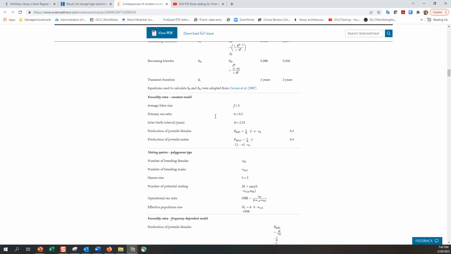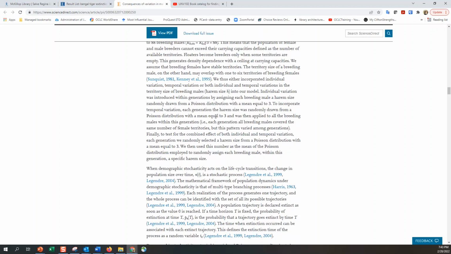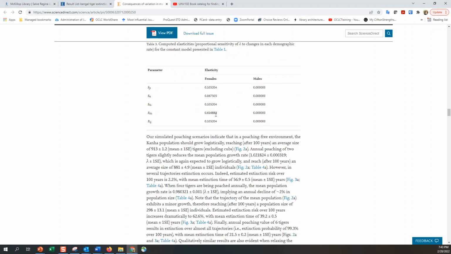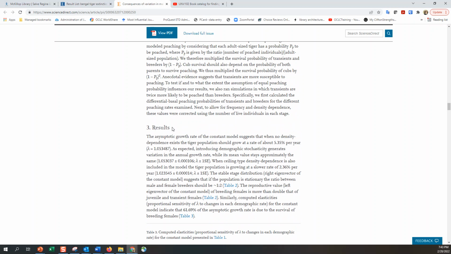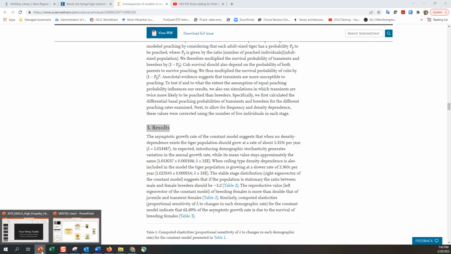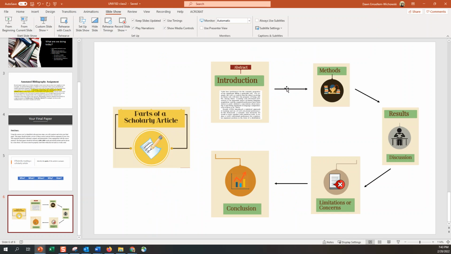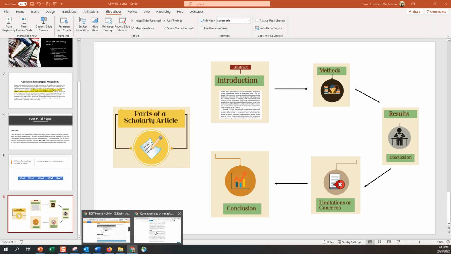And we can see it's very sciencey, and it may be too sciencey, and you may not understand anything, but they do have a results section. So we can see, if we're just looking at the structure and not the content, that we are back on track with results or discussion.